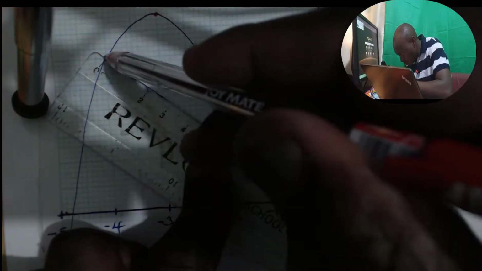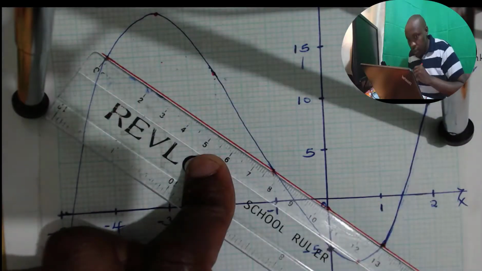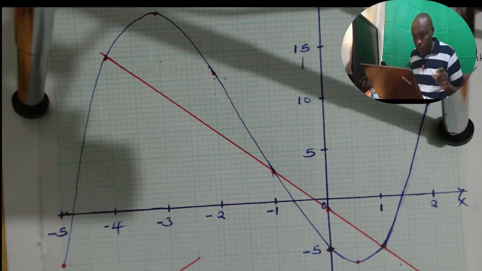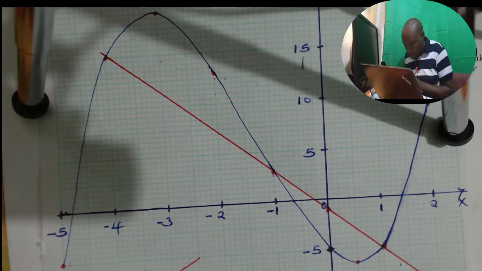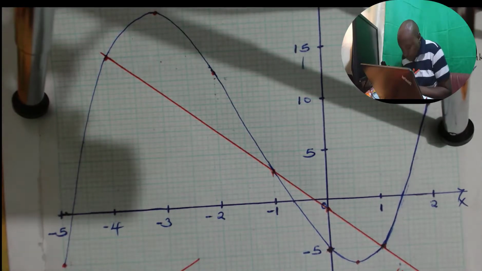So this is the line. That is the equation of the line: y is equal to negative 4x minus 1.